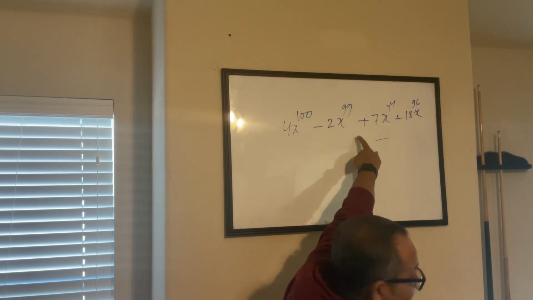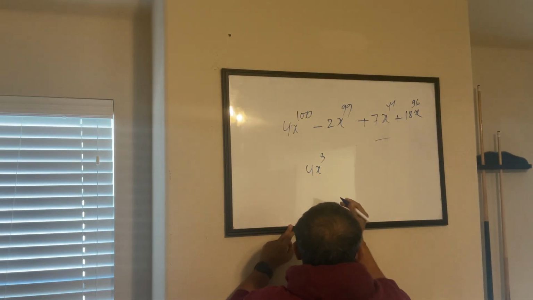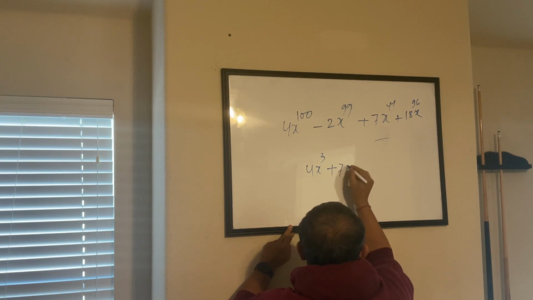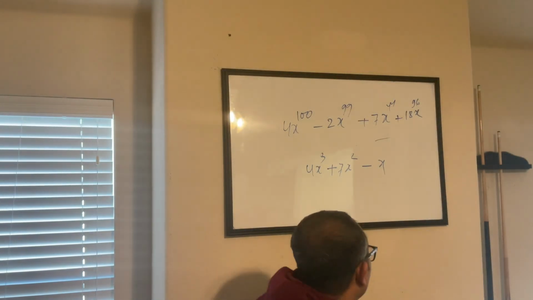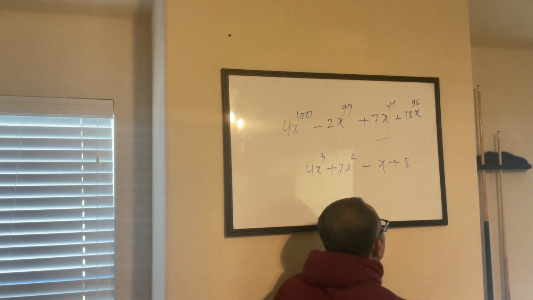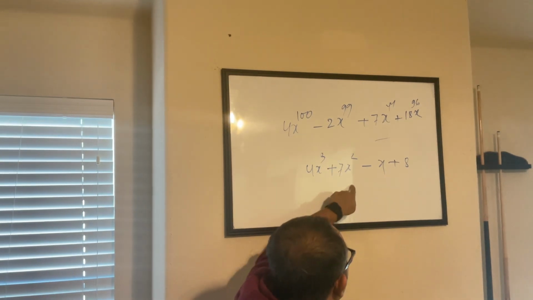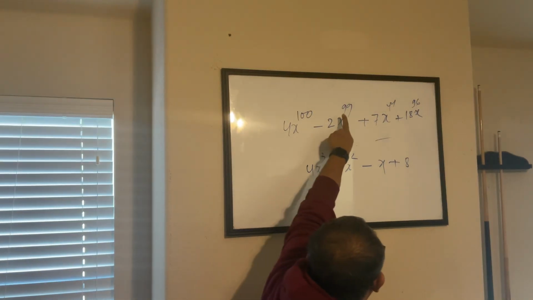So if you look at this polynomial versus this polynomial, this is not in the standard form, because if you see, the degree is fluctuating.